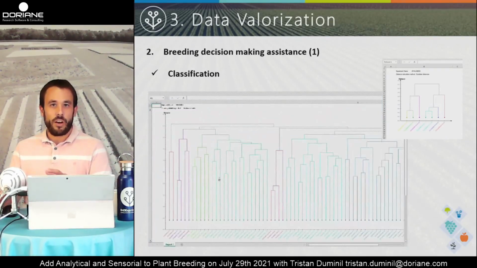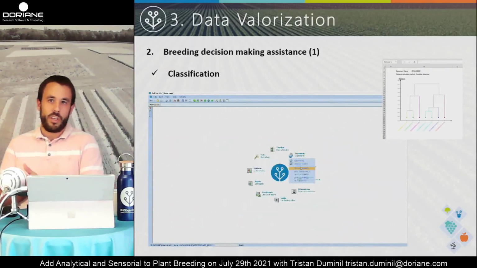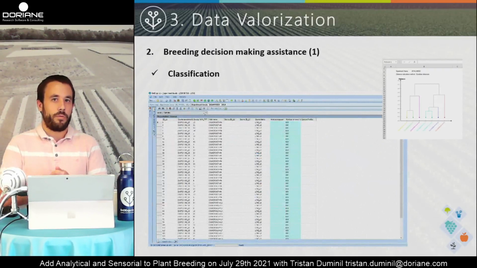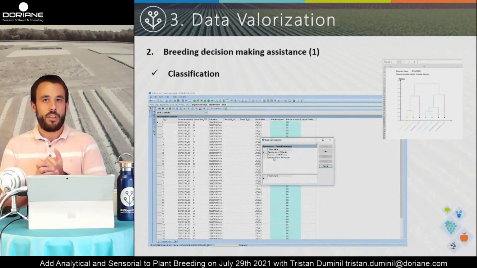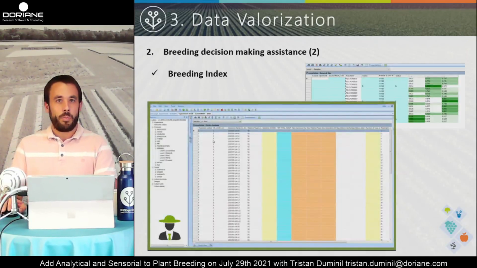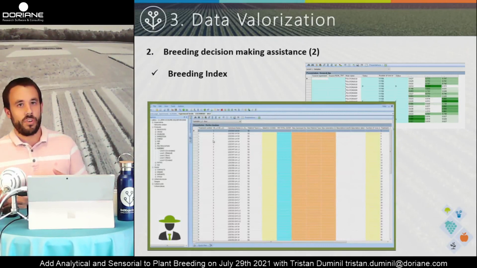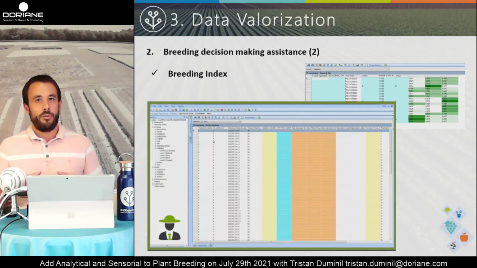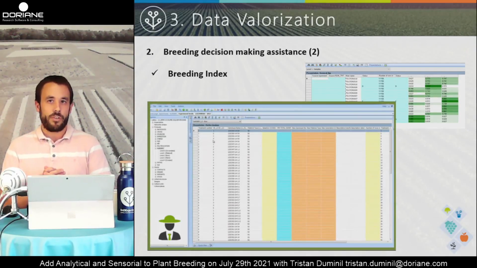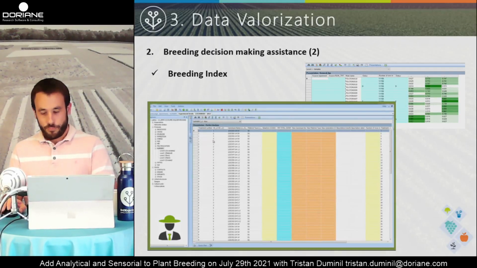Such tools are also used to build new breeding indexes, which can combine phenotype, genetic, and analytical information. And my last example is a concrete use of a tailored breeding index resulting from descriptive results and genetic information within a complete workflow of marker-assisted selection.